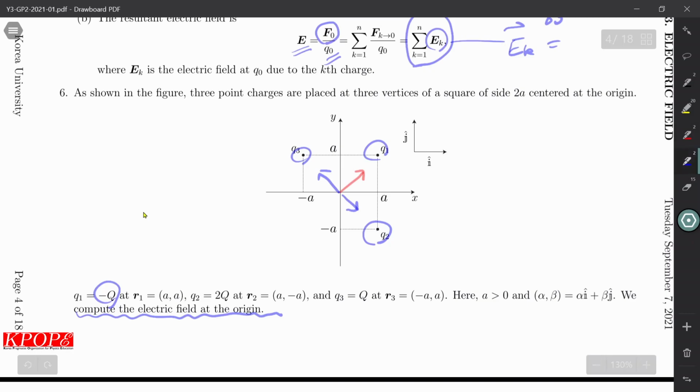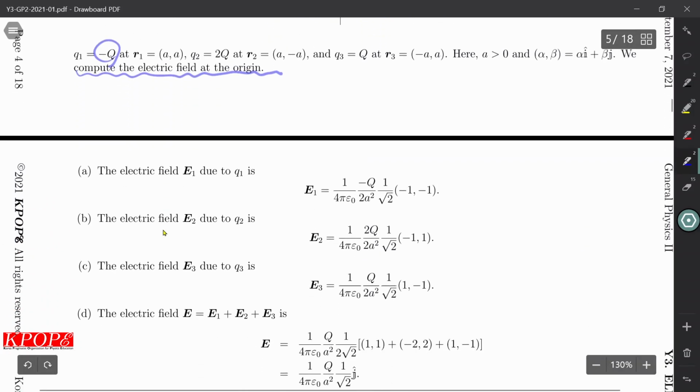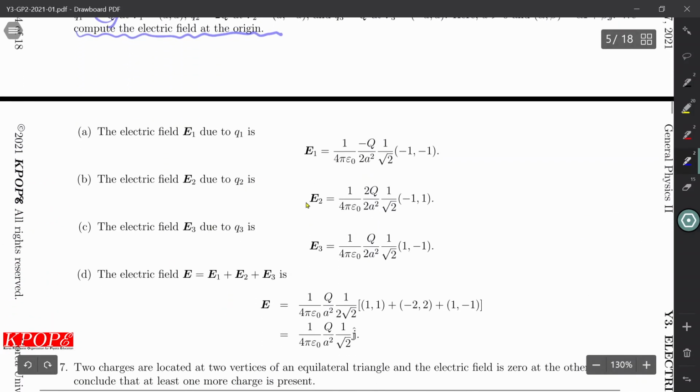And the amount of charge is double, so E2, E1, and E3. What you need to do is to add up these vectors. And the detailed calculation is given here.